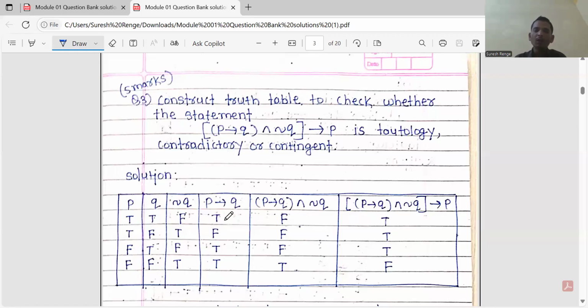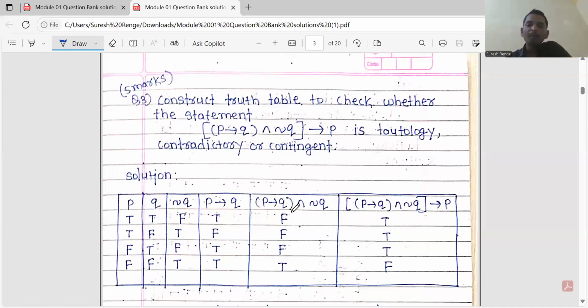So true and false gives false, false and true gives false, true and false gives false, and true and true gives true. That is the only condition in which the result is true.